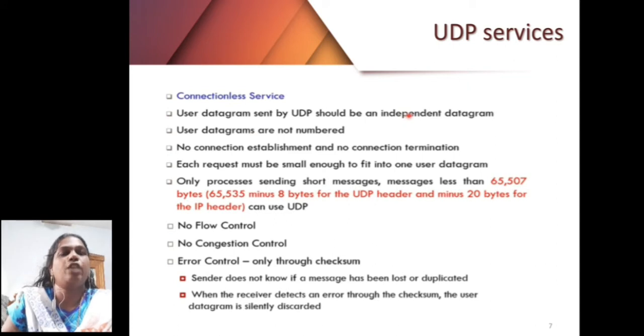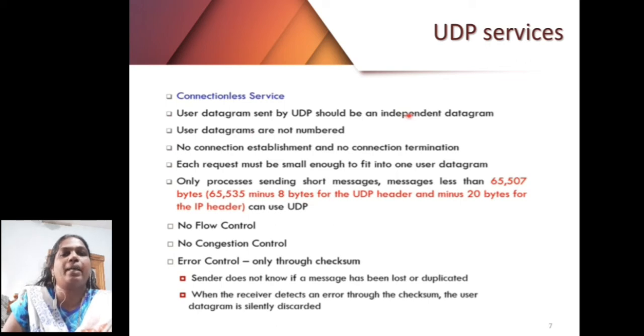Moving to the key features of UDP, it is a connectionless service protocol, and each packet that is sent is independent of the preceding or succeeding packets. We do not have any unique sequence number for the packets that are transmitted, and we don't have any connection establishment or connection termination procedure.